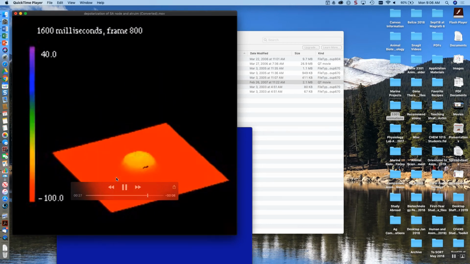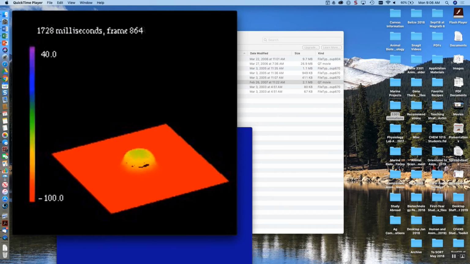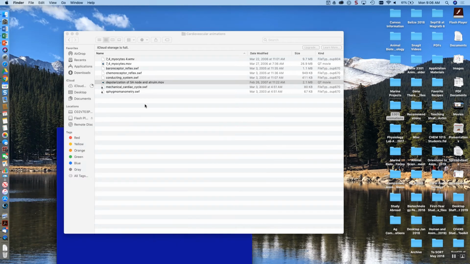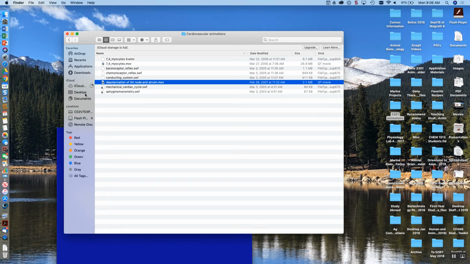So this is a simulation of how this goes from cell to cell to cell and then sweeps through entire parts of the tissue. Pretty cool. I like that simulation. It really highlights how that depolarization wave goes through the heart.